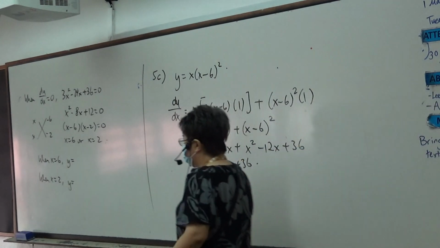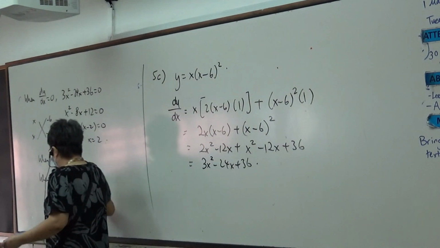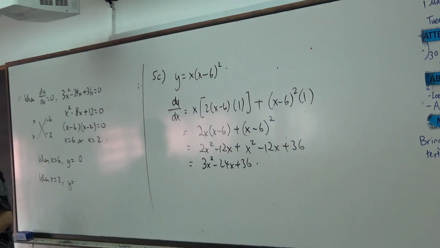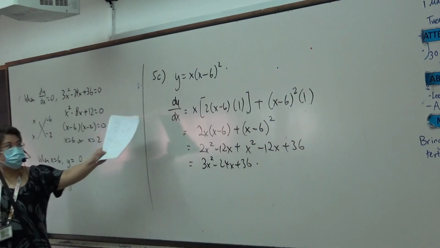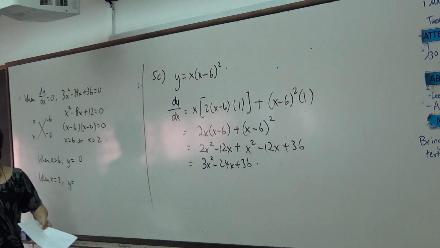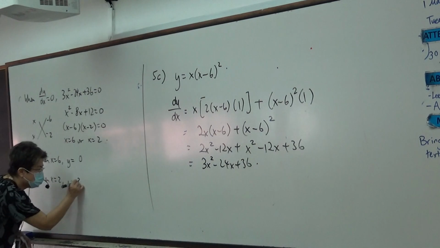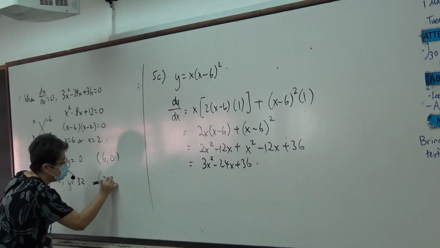What is your y when x is 6? 0. Okay. How about when x is 2? You get 32. Okay. So this point is actually (6, 0), and this point is (2, 32), right?